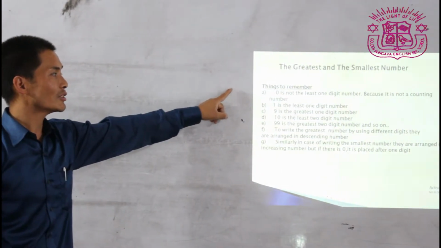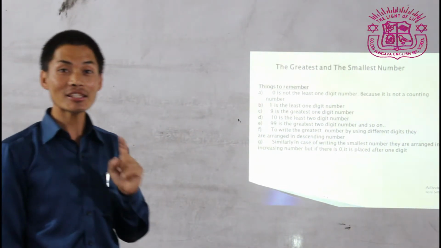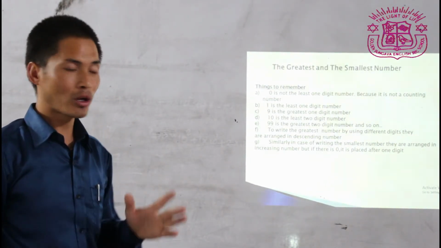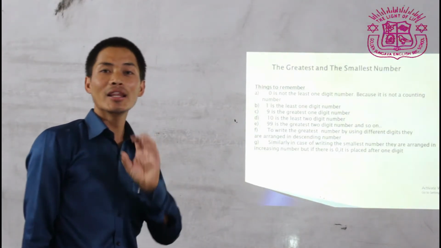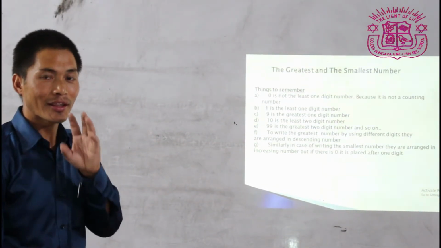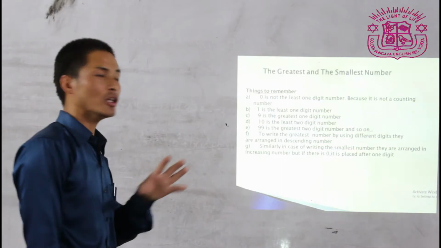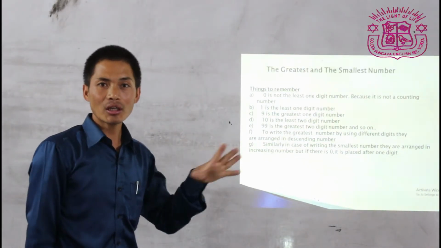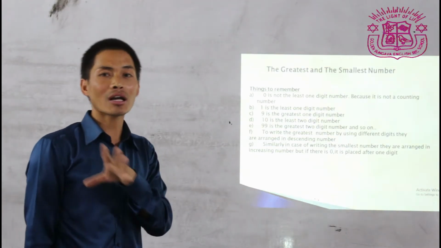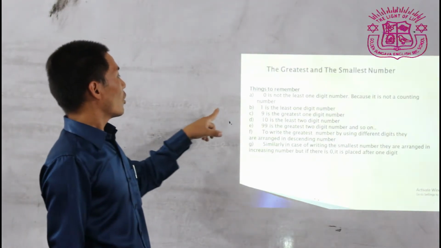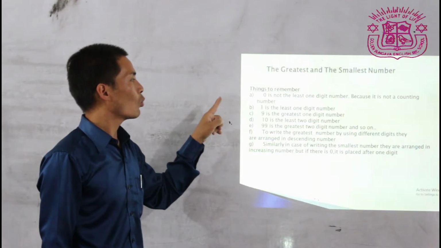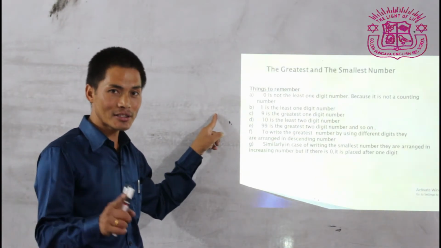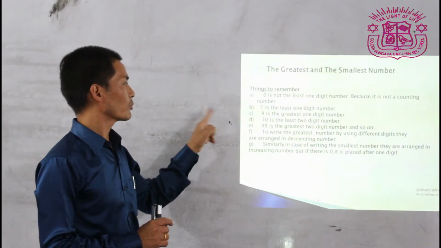First, 0 is not the least 1 digit number. If someone asks you what the least 1 digit number is, your answer should not be 0, because 0 is not a counting number. 1 is the least 1 digit number.